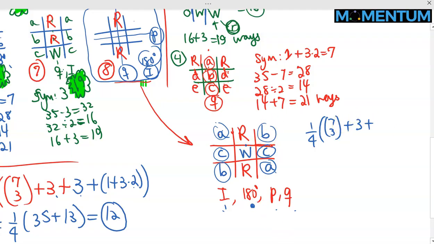So next is the P case. So P case was the reflection across the horizontal axis. Again, our shape is symmetric because of the way the R's are. Okay, so reflection across this axis. Again, 2 cases. Either all 3 whites are here, one way plus, or there's only 1 white on the main diagonal like this, and then the other 2 whites are either here or here. 2 choices again.